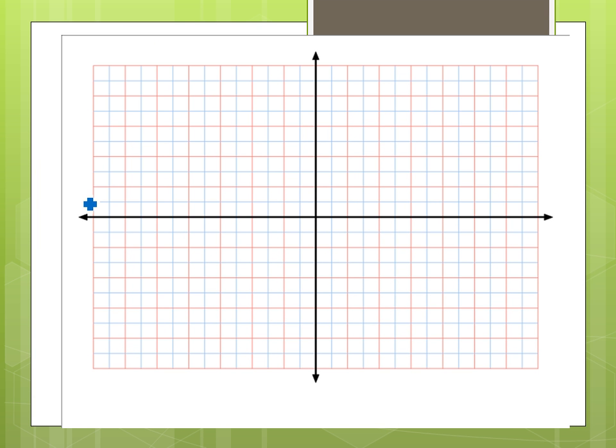All right, next one, number 3, says you want to rotate 90 degrees counterclockwise about the origin. I'm not going to write the whole thing out.